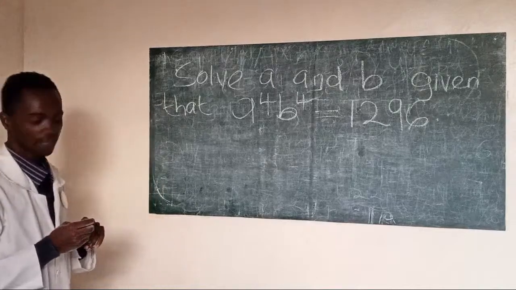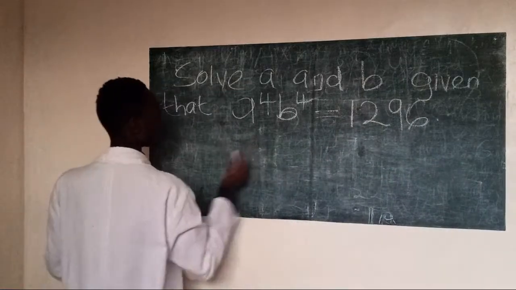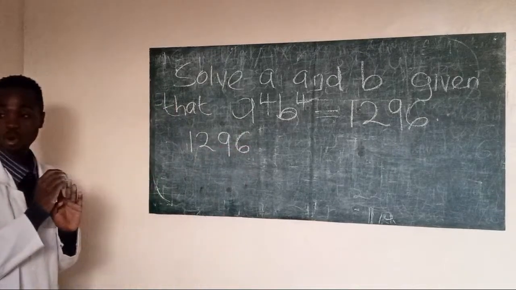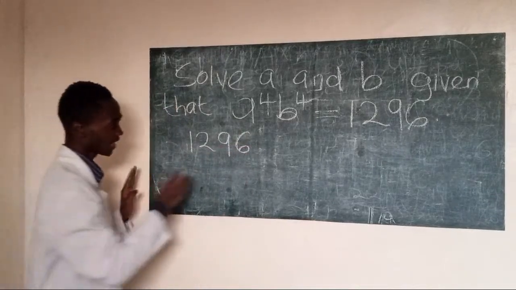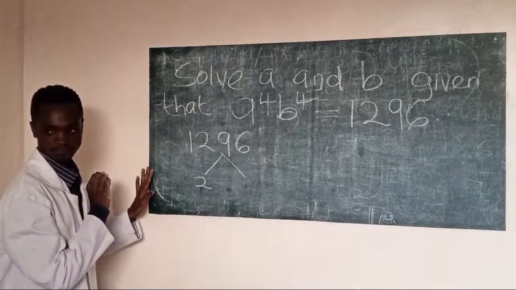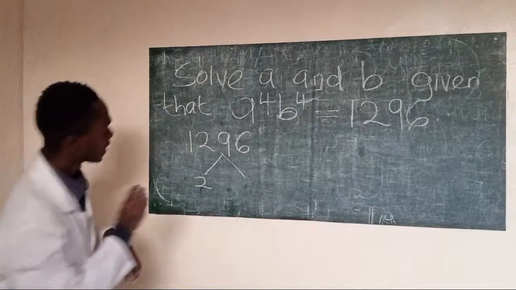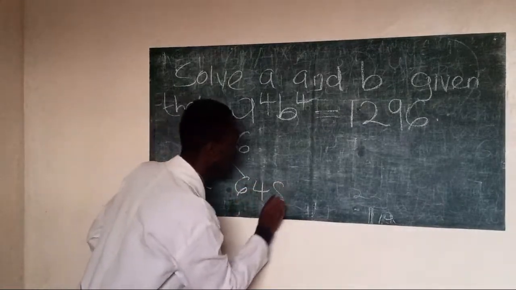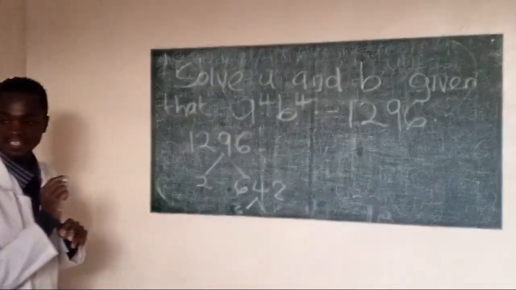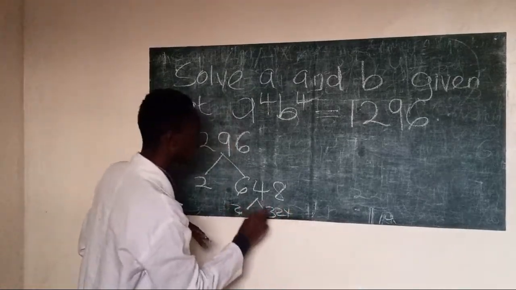1,296. Now, this is how we are going to solve this mathematics. We're going to look at 1,296. I expressed it in terms of its prime factors. I say 2 because of 648. 648. 2 because of 324.